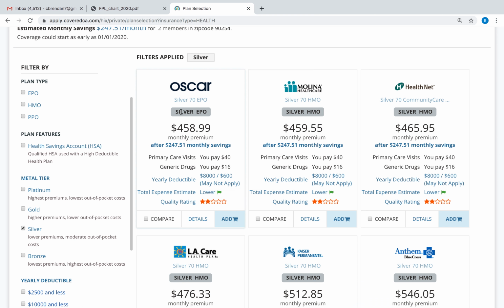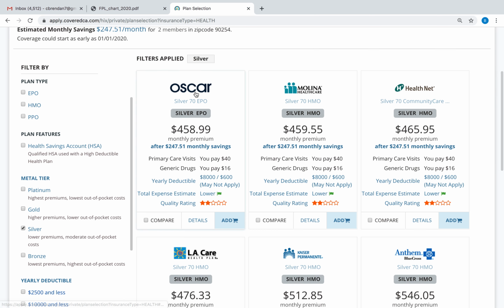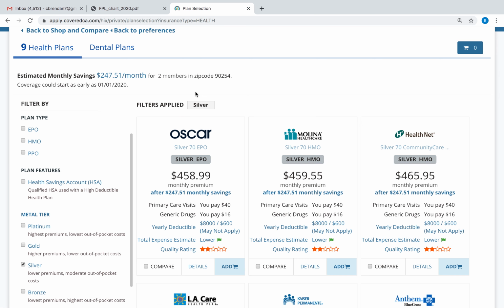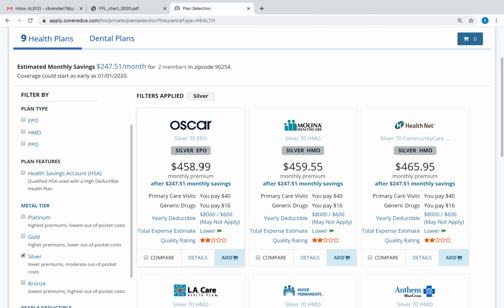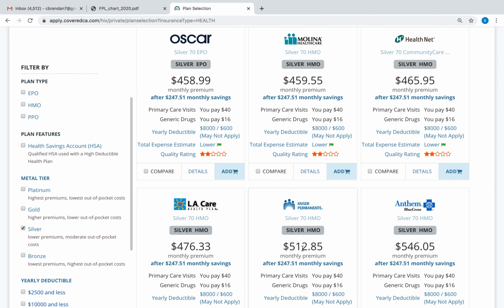The interesting thing is that the price of this plan is actually cheaper, but not by much, right? So it's something to think about. You could have four people on the Oscar silver plan for a very similar price. But under this example, this would be the cost for the two adults, and the two kids would get Medi-Cal, $557 to $512. But under this situation, the two dependents would get Medi-Cal.